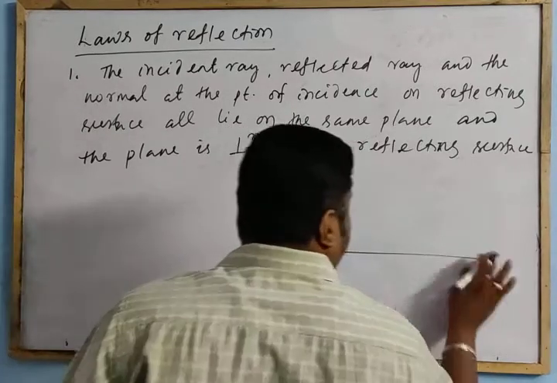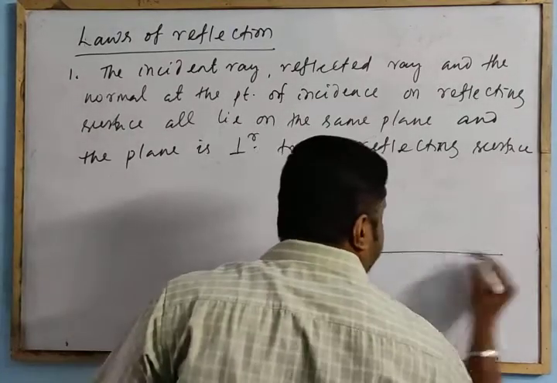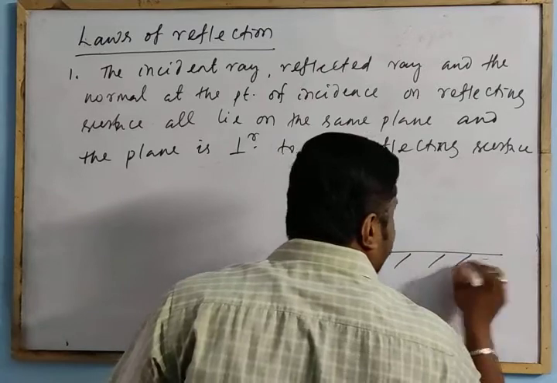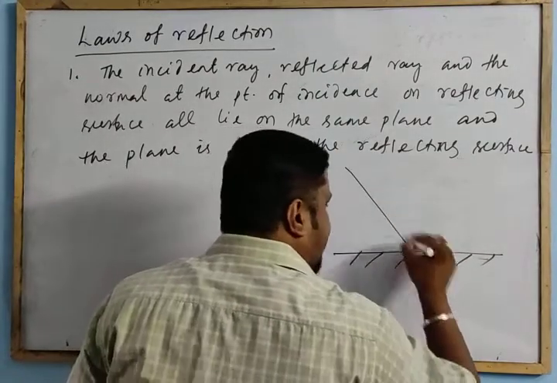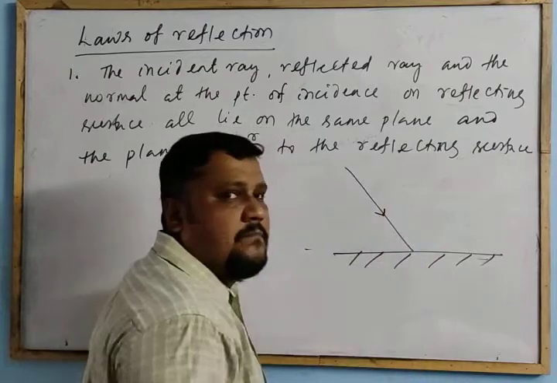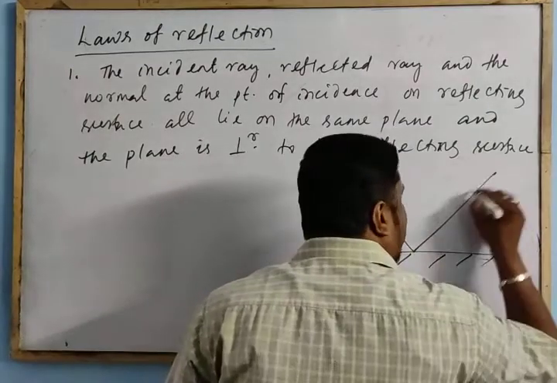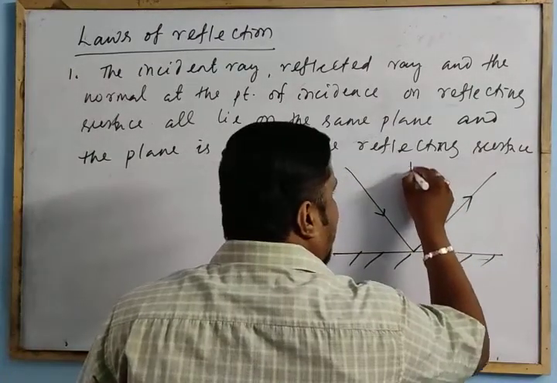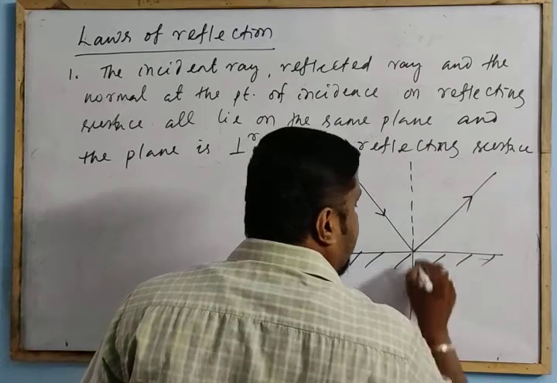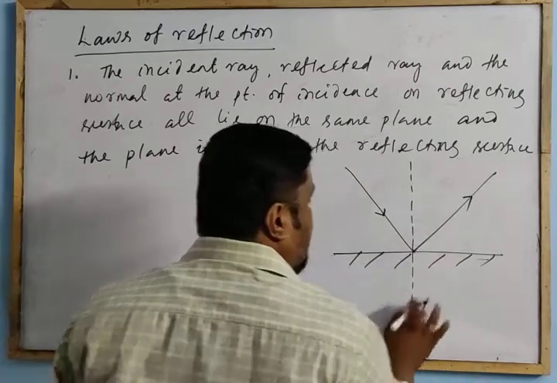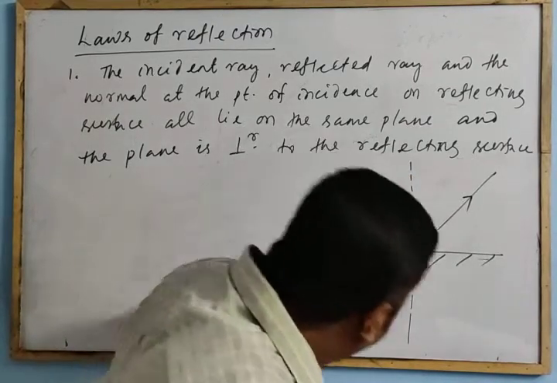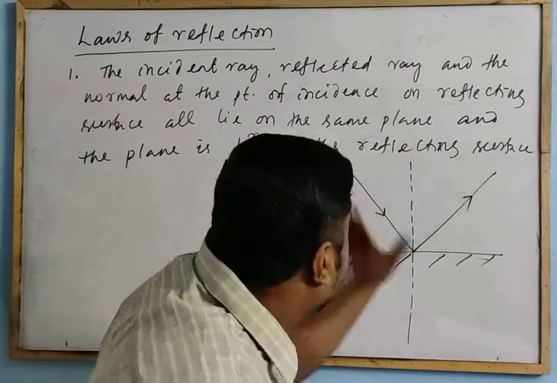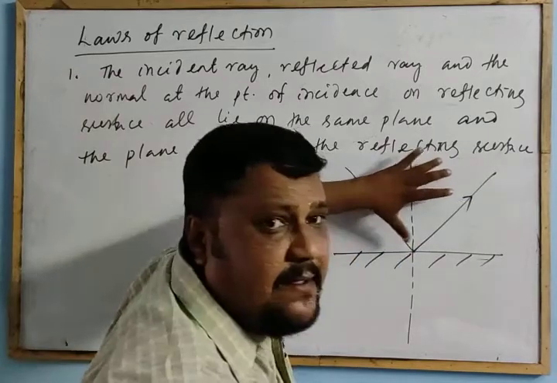This is the reflecting surface, incident ray, reflected ray, normal. These are the normal at the point of incidence on the reflecting surface, and all these lie in the same plane.